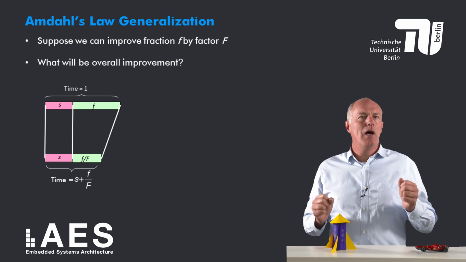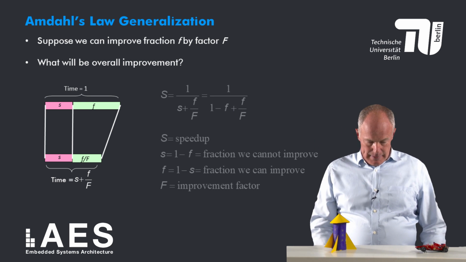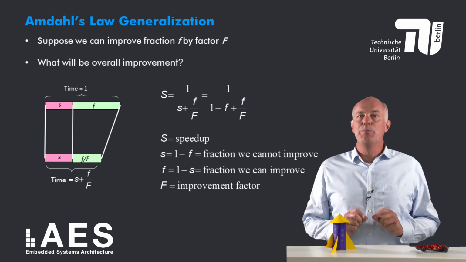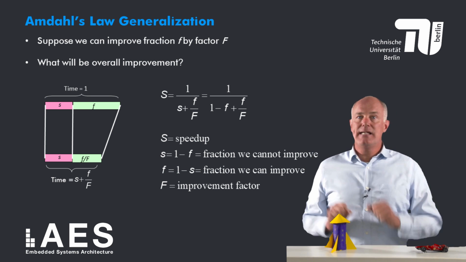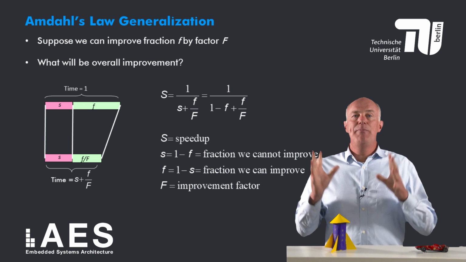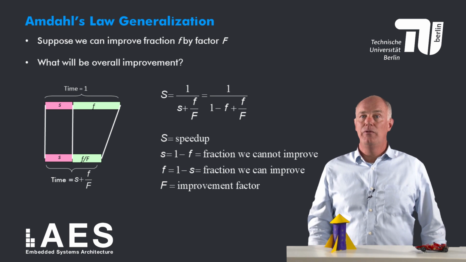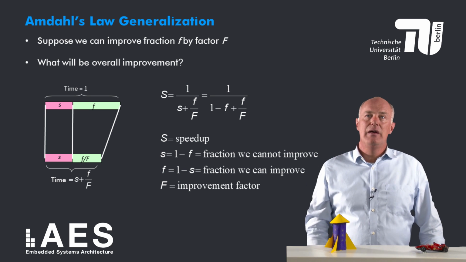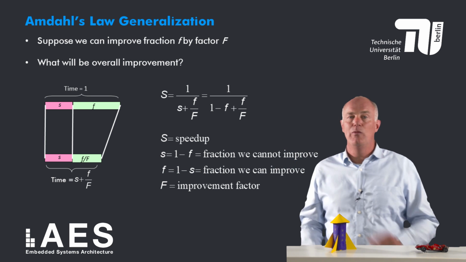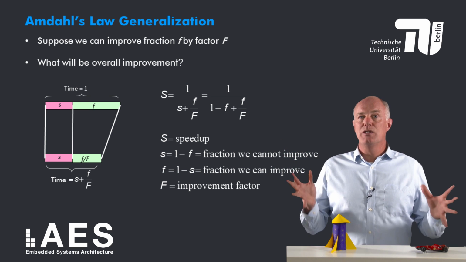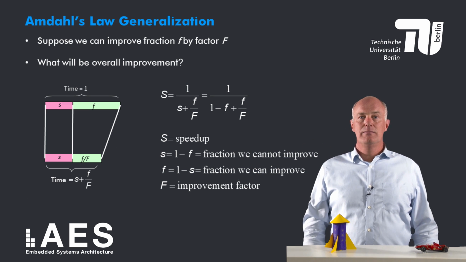The overall speedup is then given by 1 divided by s plus small f divided by big F. This is exactly the same equation as before, except that s now corresponds to the fraction we cannot improve, small f equals 1 minus s corresponds to the fraction we can improve, and big F corresponds to the factor with which we can improve the improvable part.